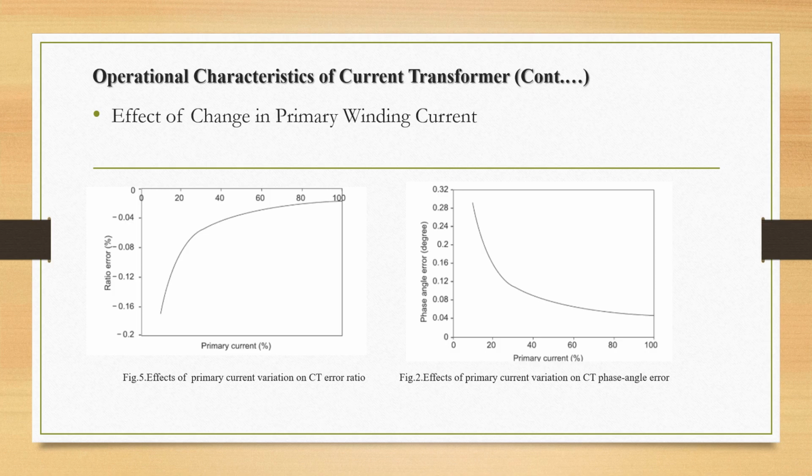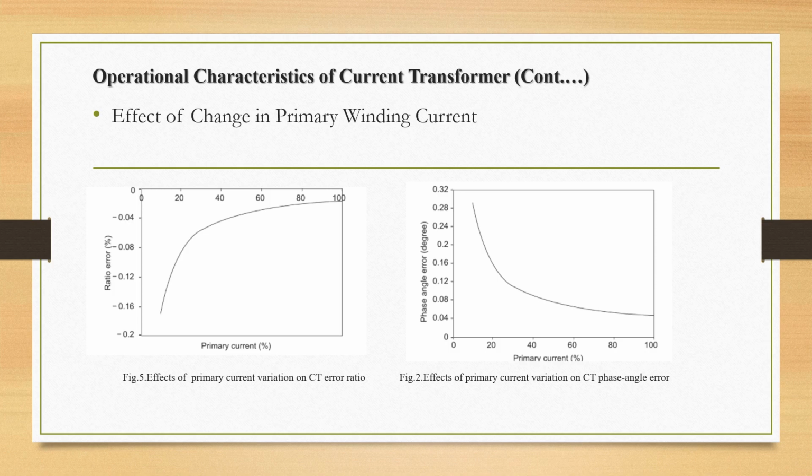Next, this is the effect of change in primary winding current. As the primary winding current IP changes, the secondary winding current also changes proportionally. With a lower value of primary current, the magnetizing and loss components of no load current become comparatively higher.